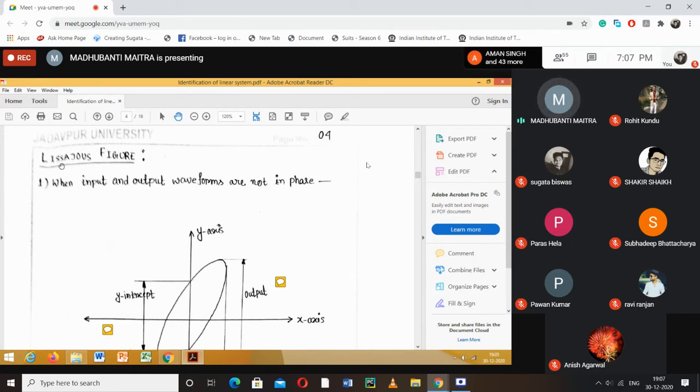Right? So you'll have to study what a Lissajous figure is and how Lissajous figures are derived.